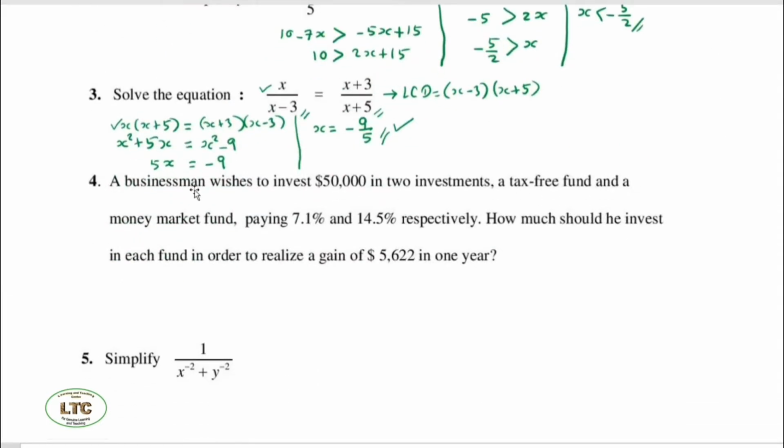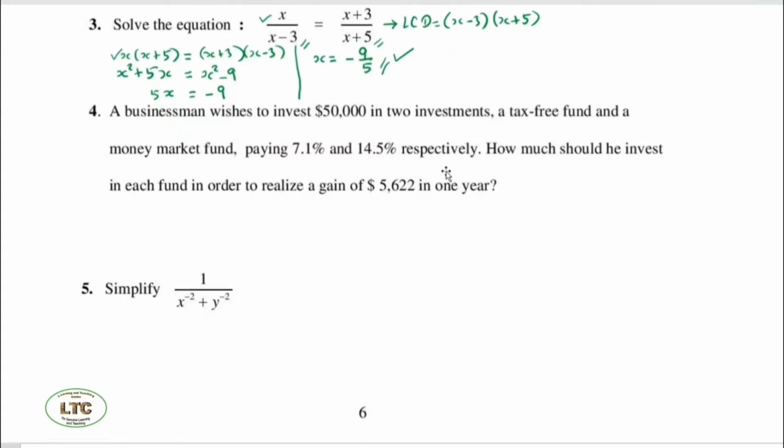A businessman wishes to invest $50,000 in two investments, a tax-free fund and a money market fund, paying 7.1% and 14.5% respectively. That means simple interest. So the simple interest formula I is PRT.